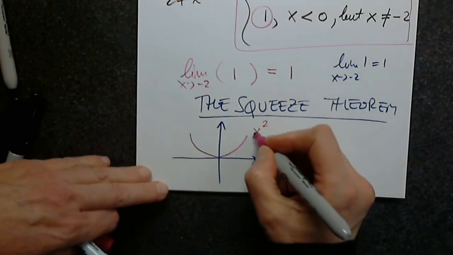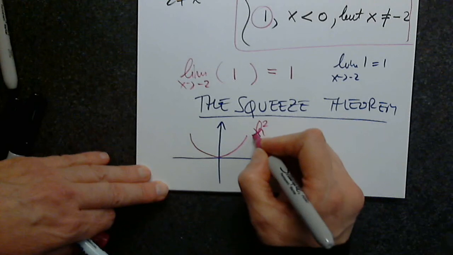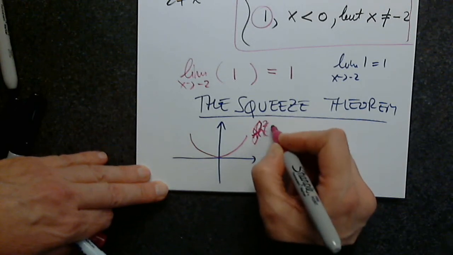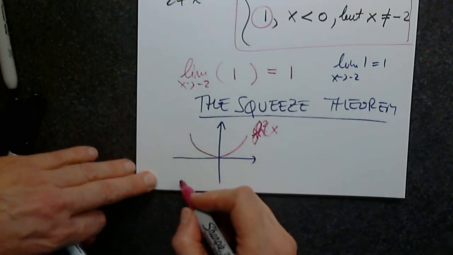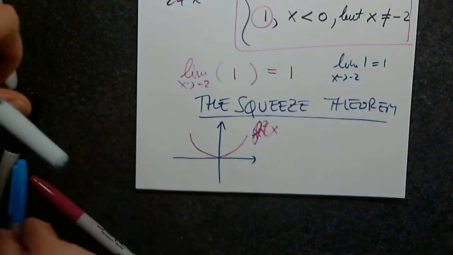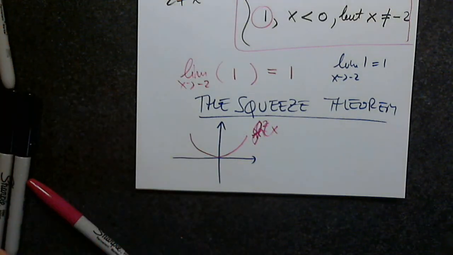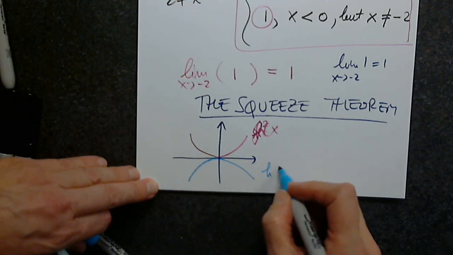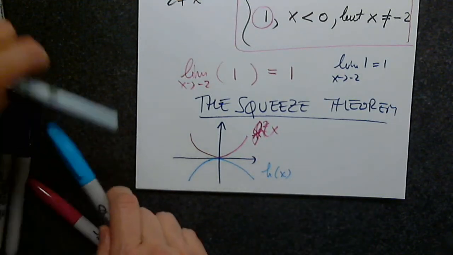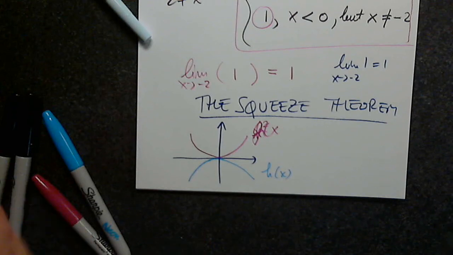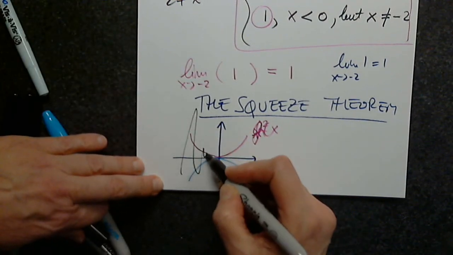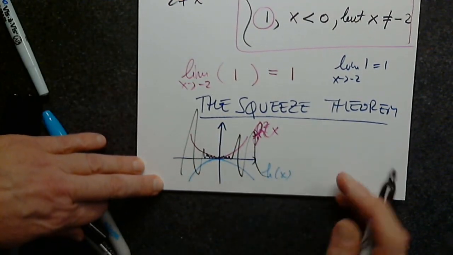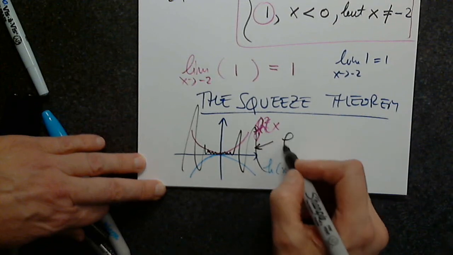I don't care, so let's say the upper function is g of x. The lower function is h of x. And the function we are really interested in is this function, f of x.